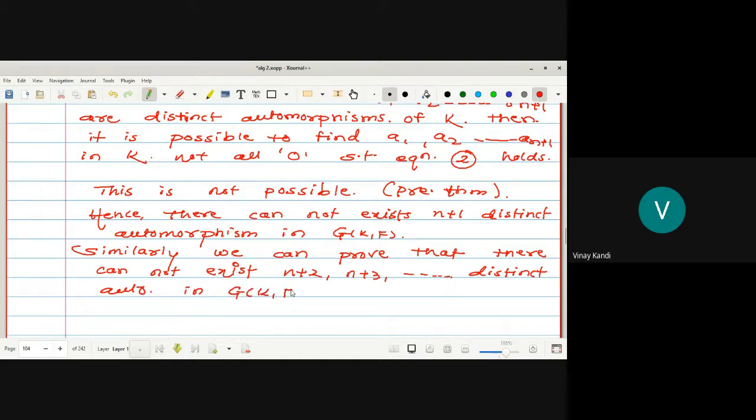Hence we have order of G(K/F) is less than or equal to degree of K over F. Any doubt up to here?